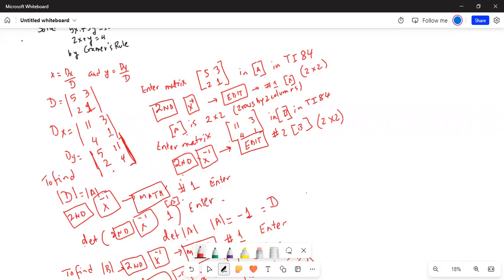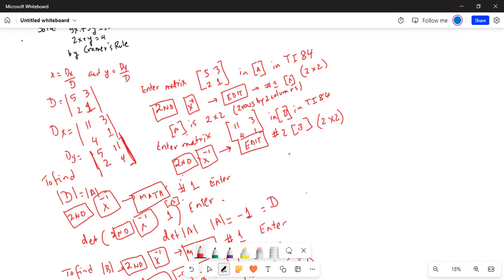Let's enter the matrix. First I will enter the matrix dy, following the same procedure. Second, x minus 1. I go to edit and select matrix 3, which is matrix C. Make it a 2 by 2 matrix.